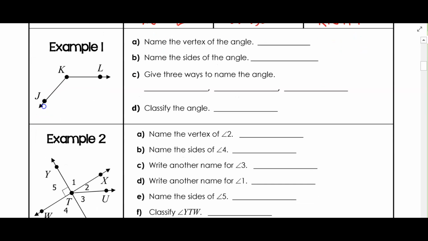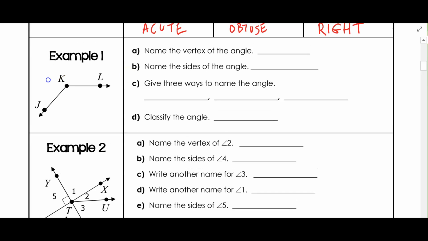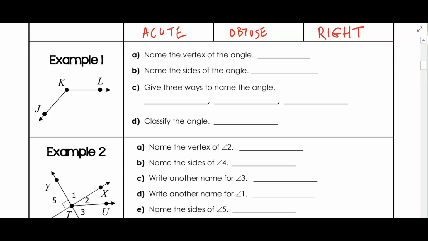Alright, so example 1, we have this angle over here. And again, just a reminder, if you want to pause the video and see if you can get these on your own, feel free to do that. So name the vertex of the angle. So the vertex is a point, and the vertex is going to be right over there, so that's going to be point K. Name the sides of the angle.